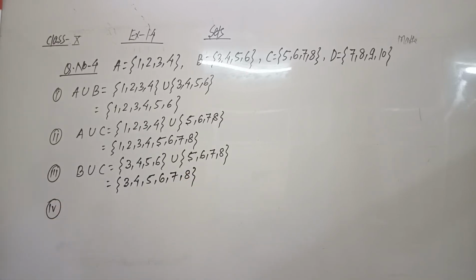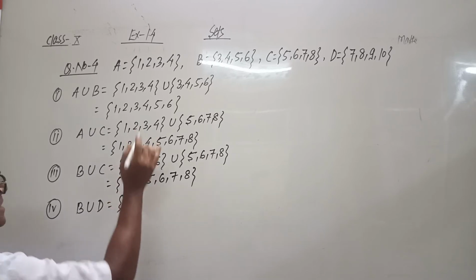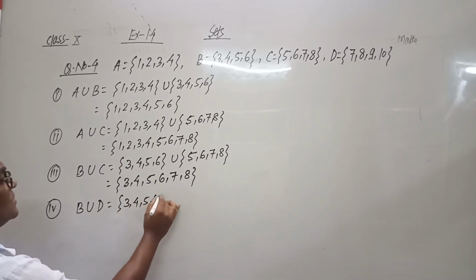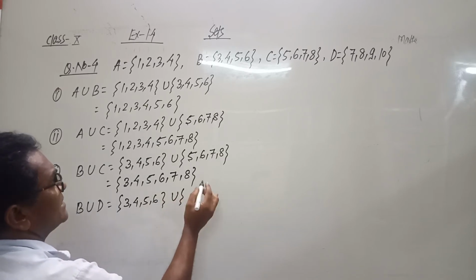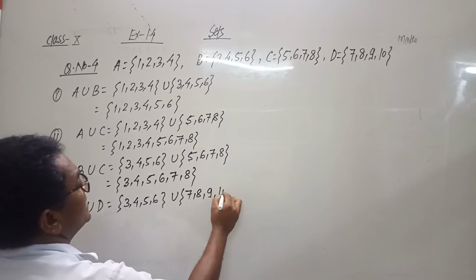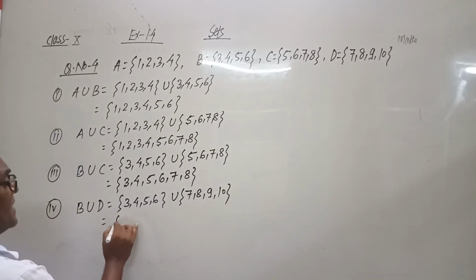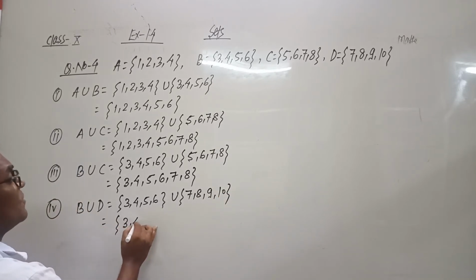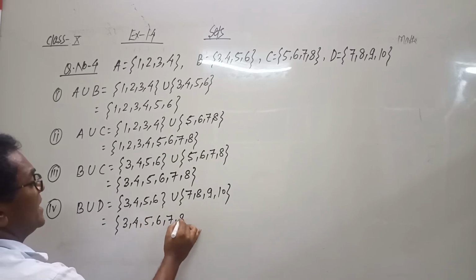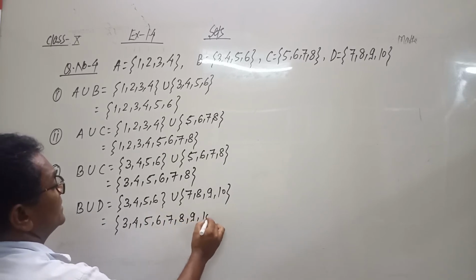Part 4, B union D. Set B {3, 4, 5, 6}, union set D {7, 8, 9, 10}. Combine both the sets: {3, 4, 5, 6, 7, 8, 9, 10}.